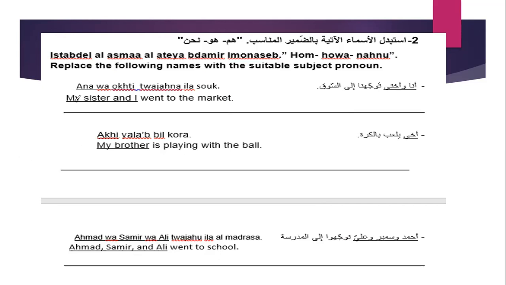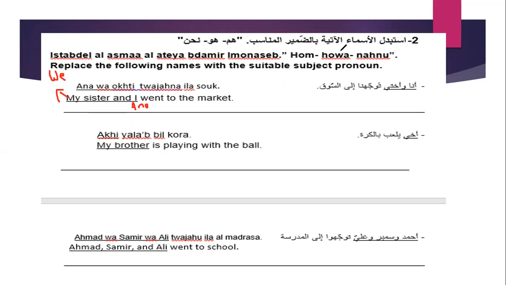Yes, let's read. My sister and I went to the market. Here we have my sister and I. In English, when we say I, it is أنا, okay? But if I say my sister and I, more than one, it's we. What do I mean by we in Arabic? Let's replace this pronoun we in Arabic. Here I have choices also. We have hum, we have huwa or nahnu.